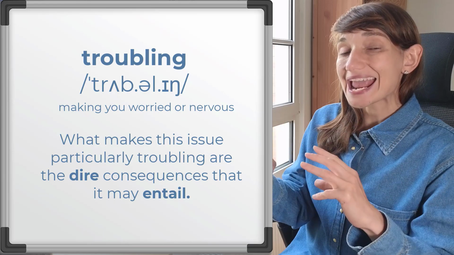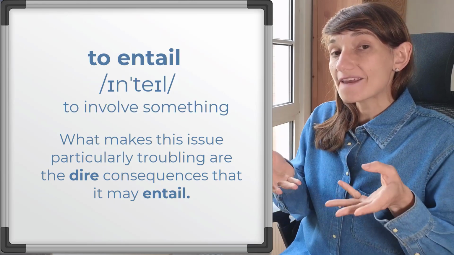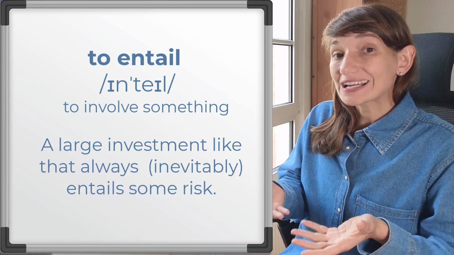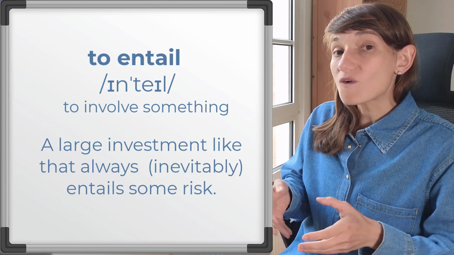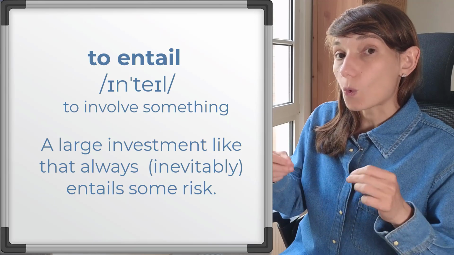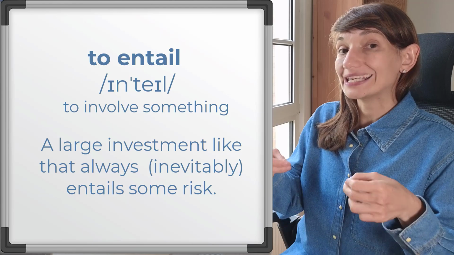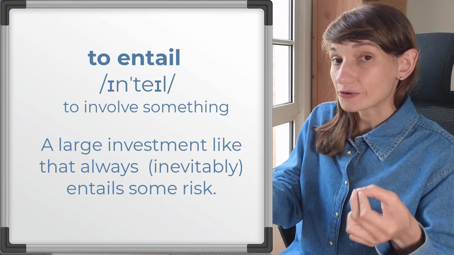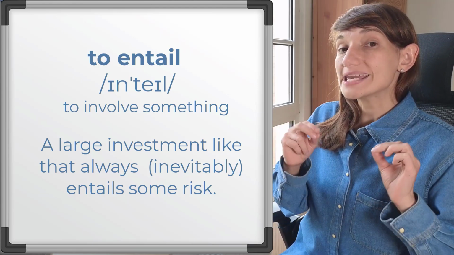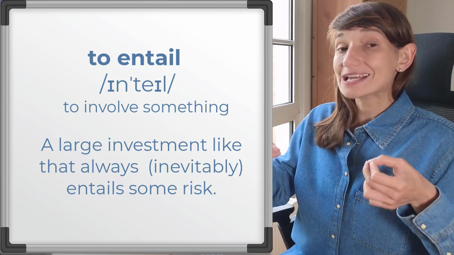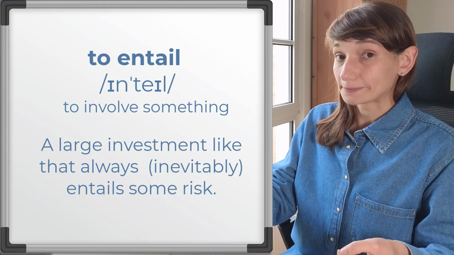So to entail means to involve. For example, a large investment like that always involves or always inevitably entails some risk. So a big investment like that inevitably entails some risk.